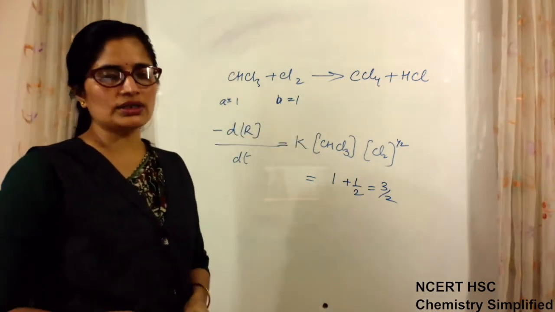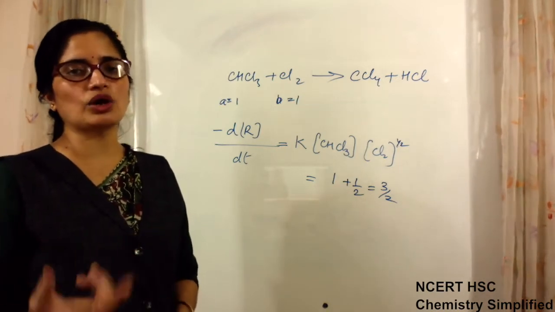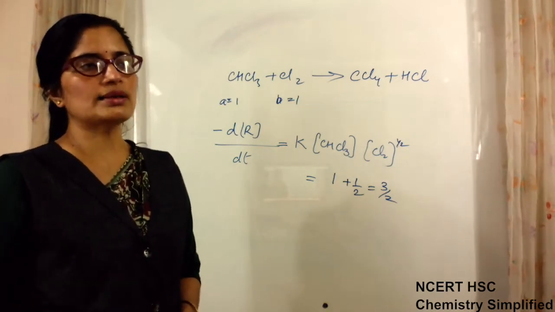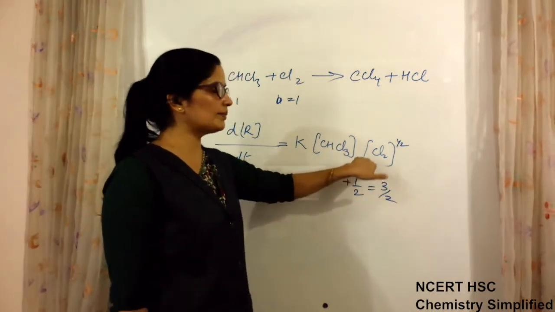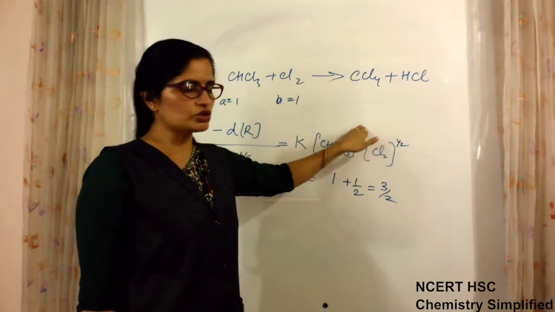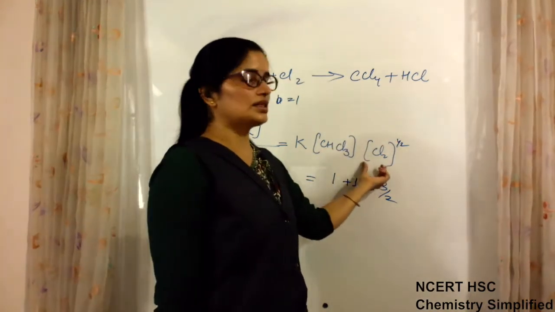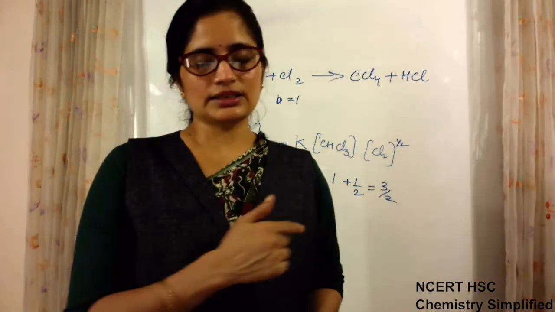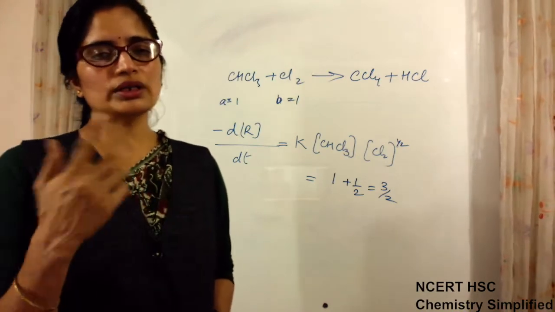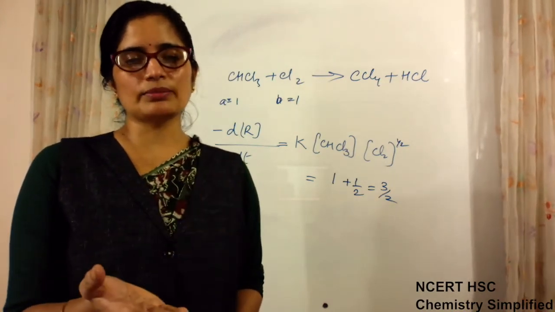So we told you that they may be the same, as in the previous equation, but they may not be the same. Most of the time they are not the same, and this has been calculated from experimental data. This power came from the experimental data, which shows how the rate was affected when you double the amount of something.